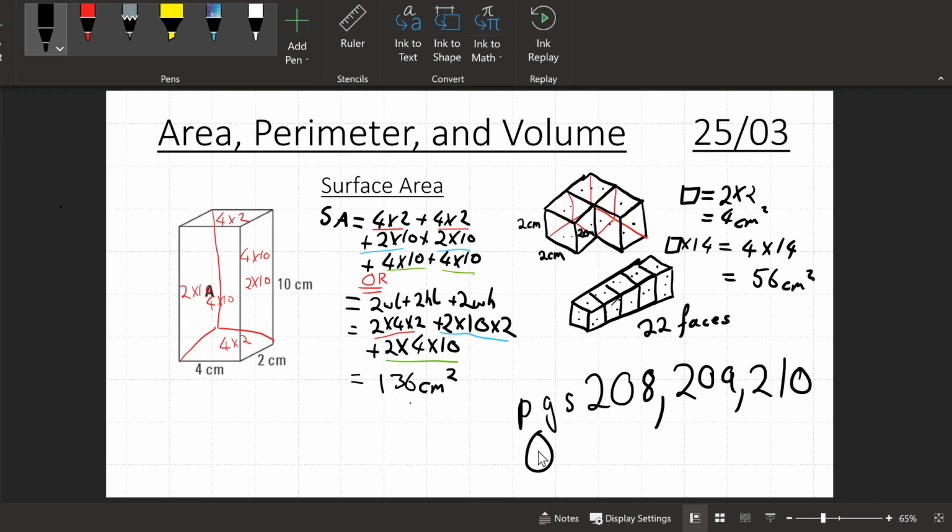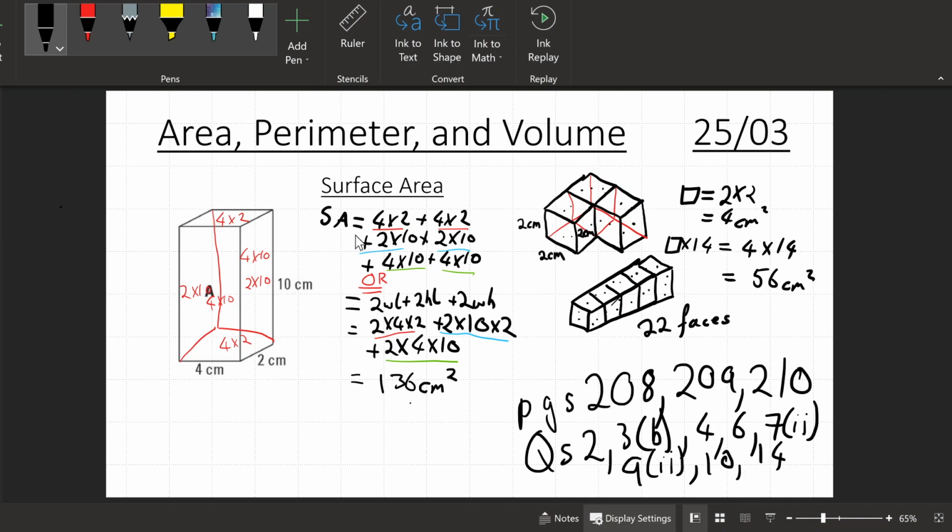Can we do questions 2, 3 part B, 4, 6, 7 part 2, 9 part 2, 10, and 14. And these two questions, I'm going to say these are tough ones, so we need to show our work for these two at least.